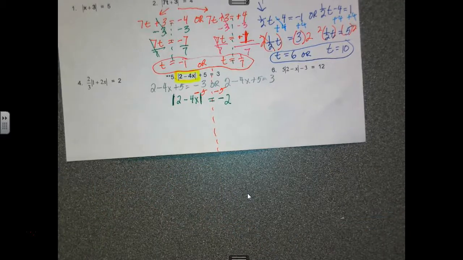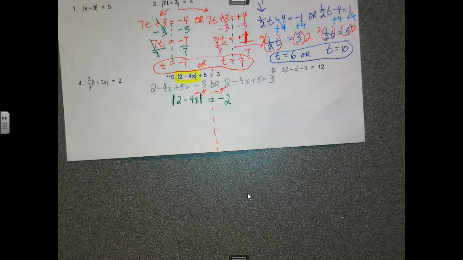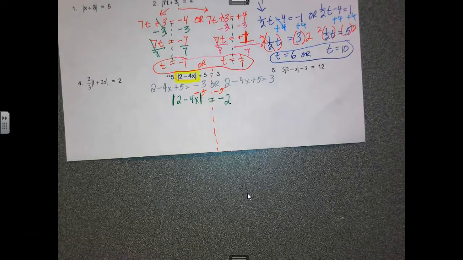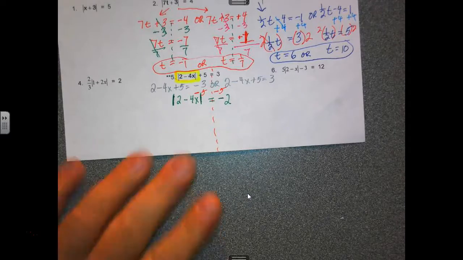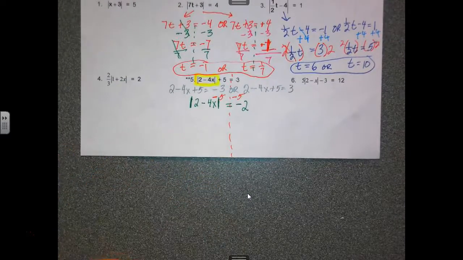And I could make you do all the work and then go back and tell you you didn't need to do all the work. Right, Zach? Look at this for a sec. Remember what the definition of absolute value is? Distance from 0, right? And what does our distance always have to be?